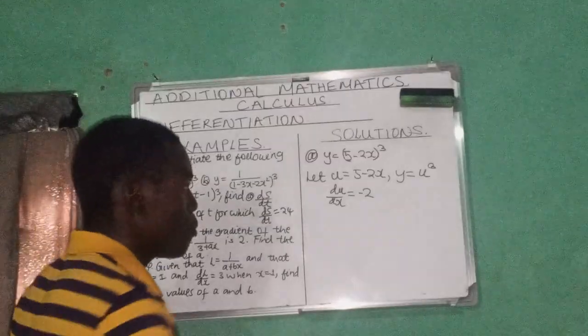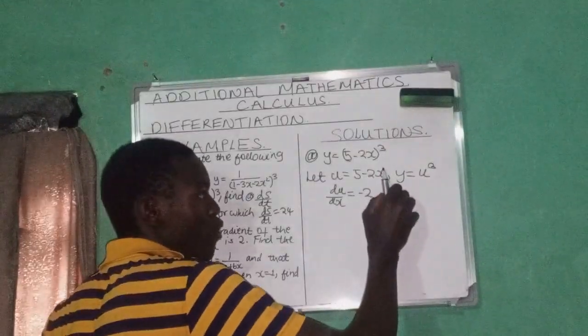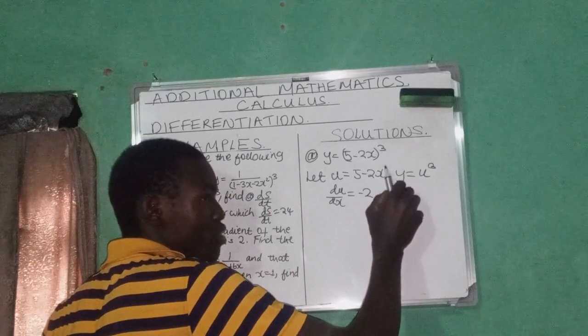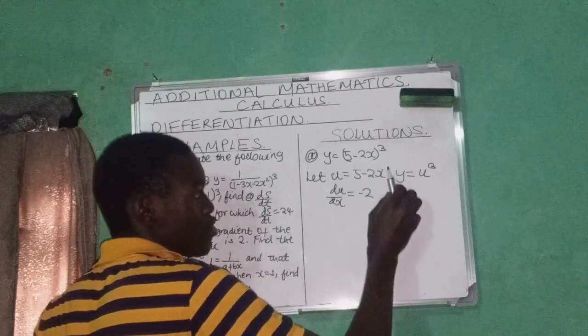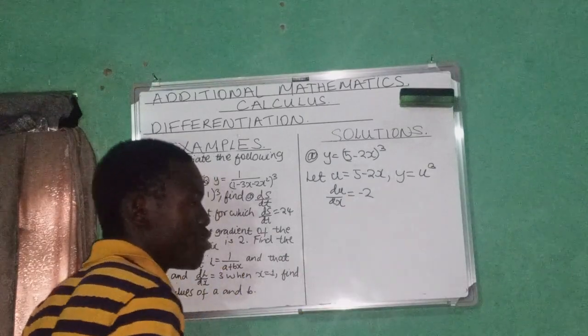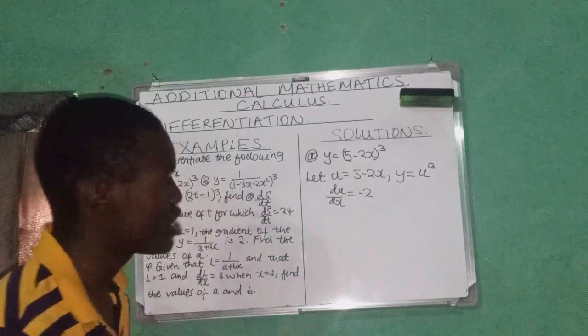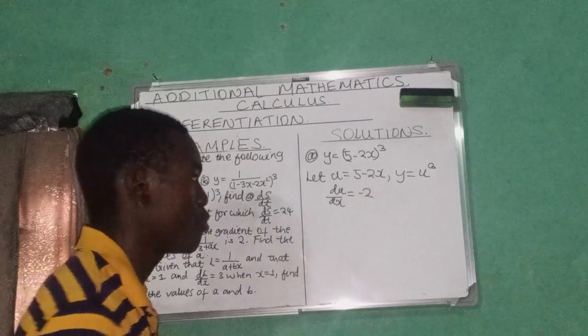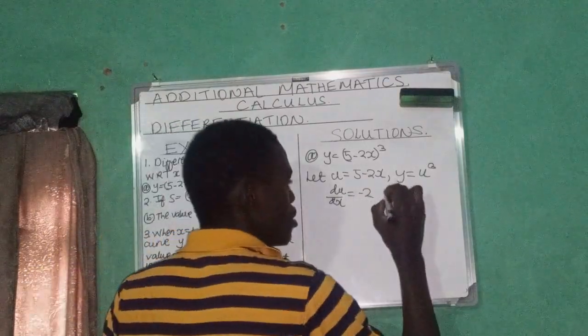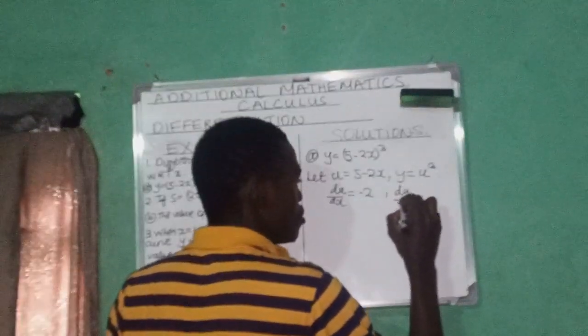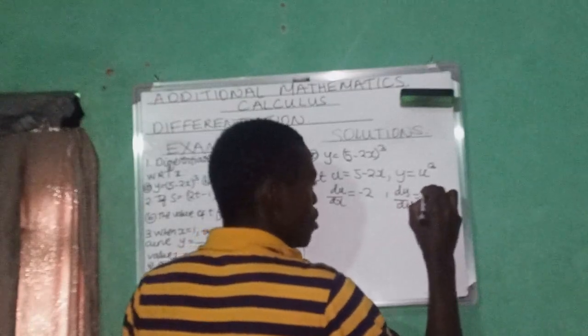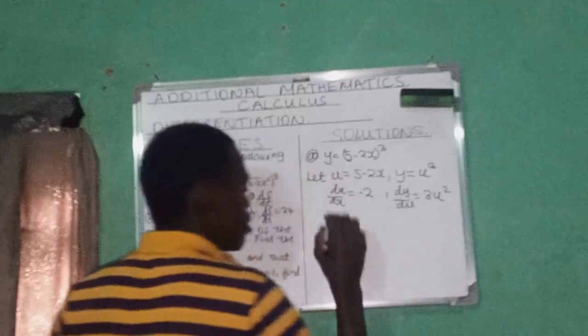So if you just have a variable like this, it has no power that you can see; there is an invisible power 1 here. The easiest way to differentiate it is to get the number that is in front of that variable, that's a negative 2. Then your dy/du is equal to 3u squared.